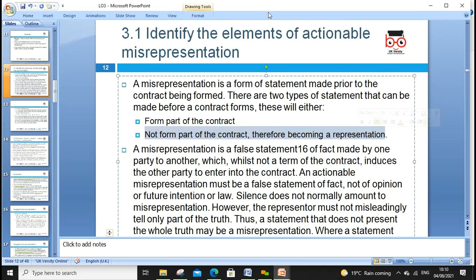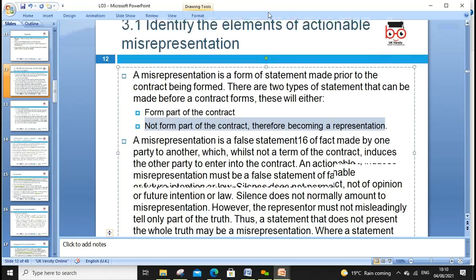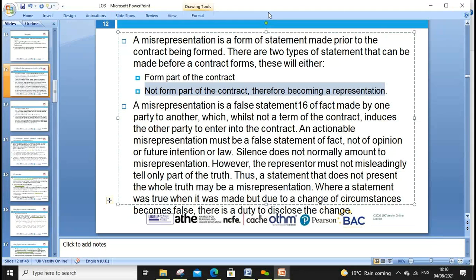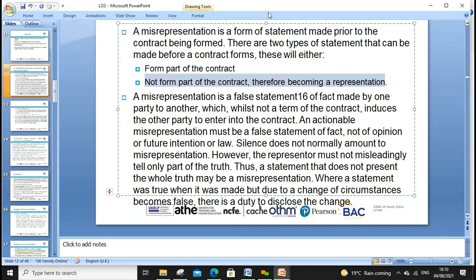A misrepresentation is a false statement of fact made by one party to another, which is not a term of the contract, that induces the other party to enter into the contract. An actionable misrepresentation must be a false statement of fact, not of opinion or future intention. Silence does not normally amount to misrepresentation.